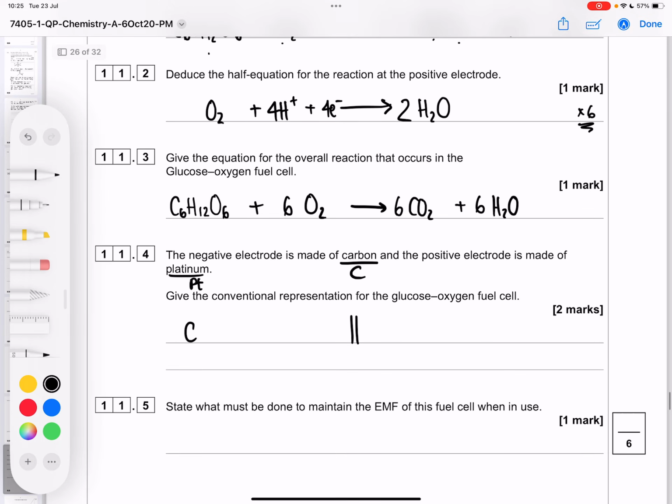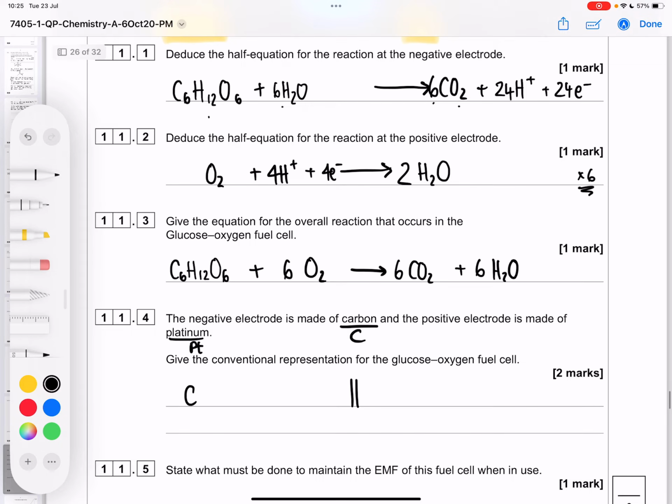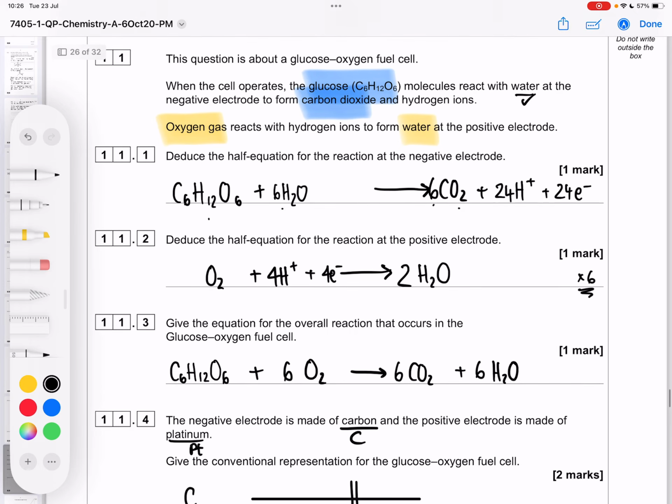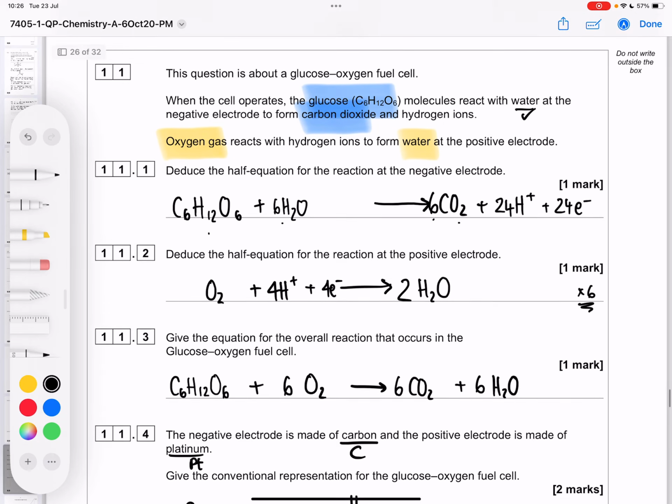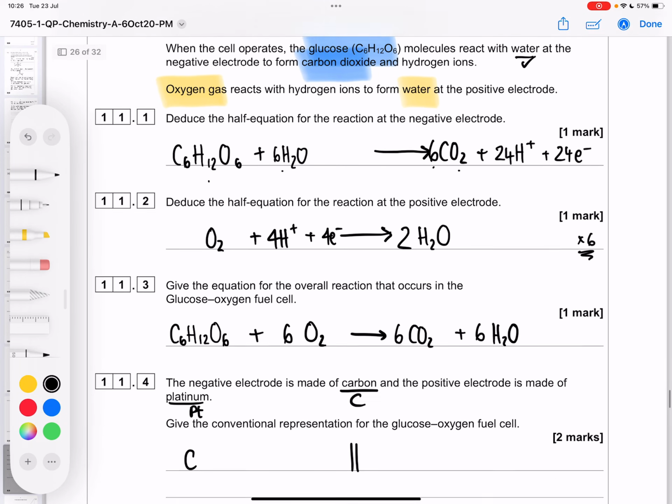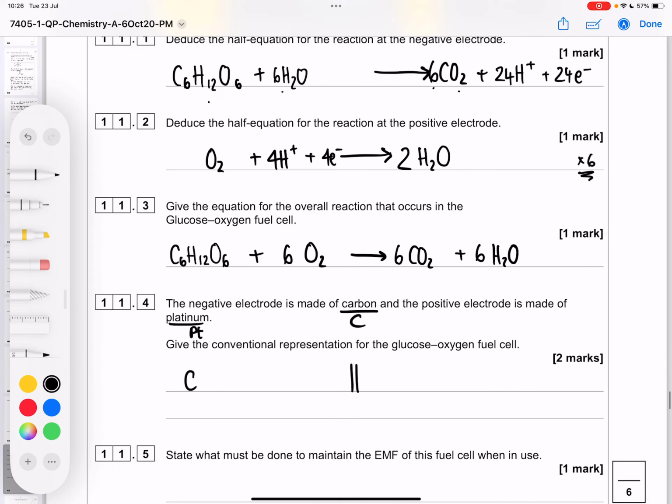And then my negative electrode, if we look, is where the glucose is oxidized to carbon dioxide in acidic conditions. So glucose is a solution. It tells me that we've got glucose molecules react with water, so they'll be in solution. Again, a bit tricky because you have to make some leaps. Carbon is a solid.